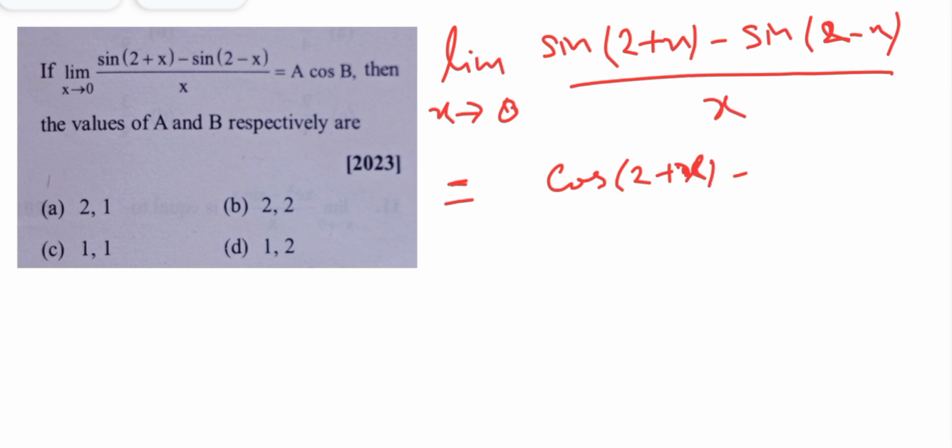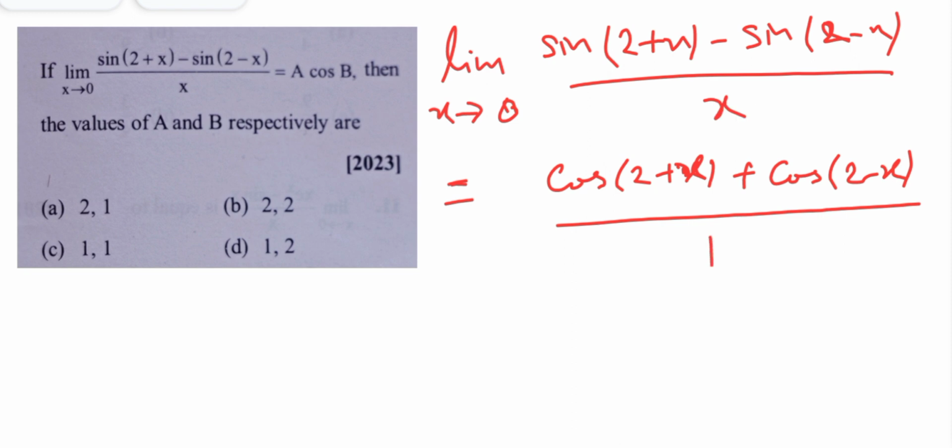Then minus the derivative of sin(2 - x), which is cos(2 - x), and the derivative of 2 - x is 0 - 1, which is minus 1. This minus 1 is multiplied, so the minus becomes plus. Divided by the derivative of x, which is 1, with the limit x tends to 0.